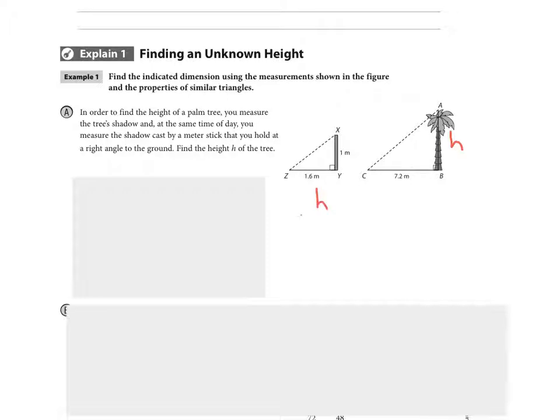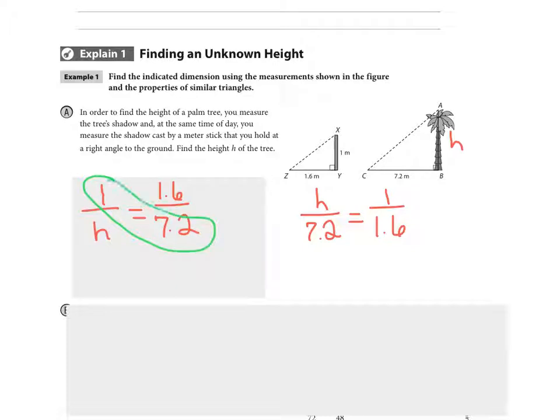You can say the palm tree is to its shadow as the meter stick is to its shadow, or you can do like I've been doing: little is to big as little is to big. Both of these have the same cross multiplication. It's just set up differently, so either way works. And when you simplify, you get that the height of the palm tree is 4.5 meters.